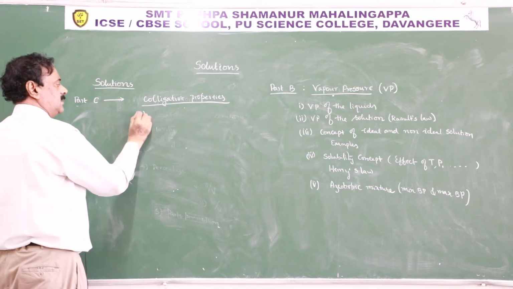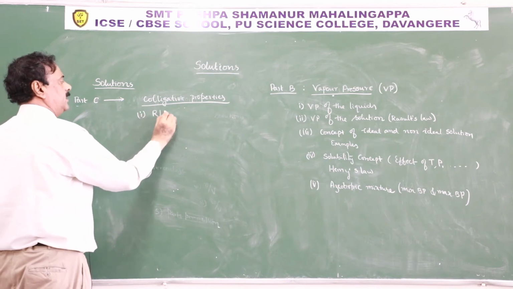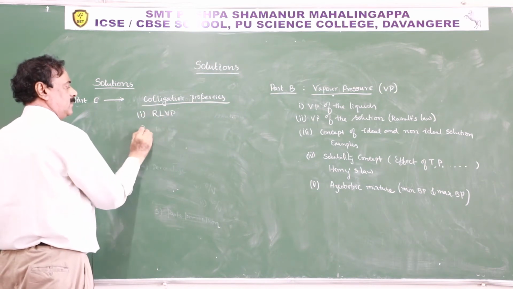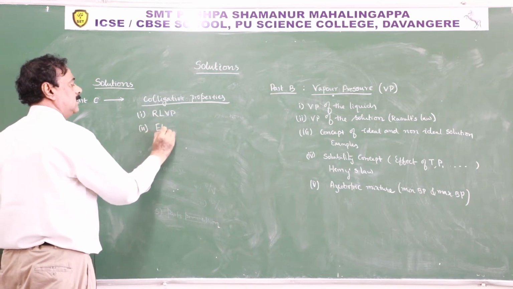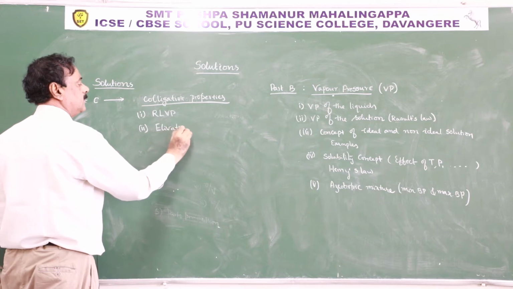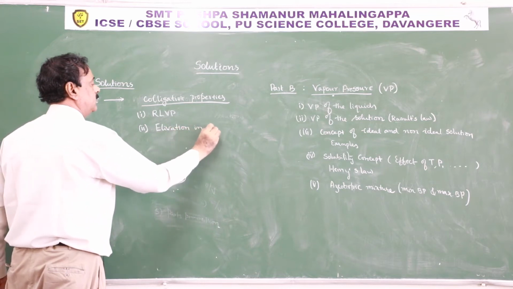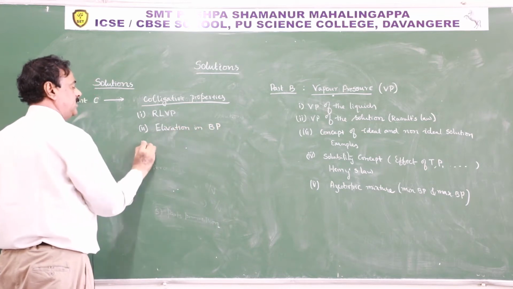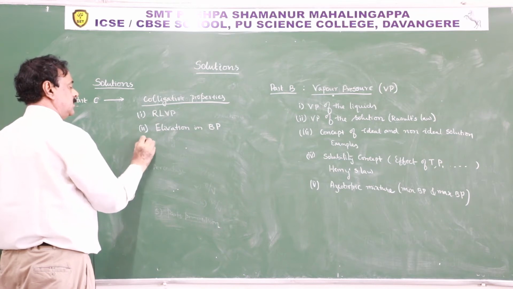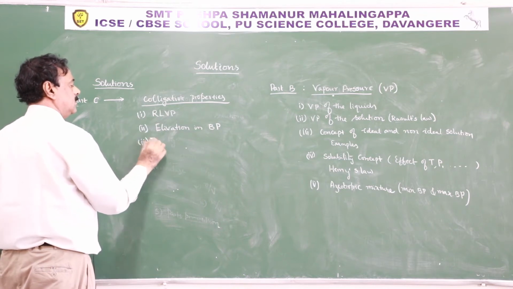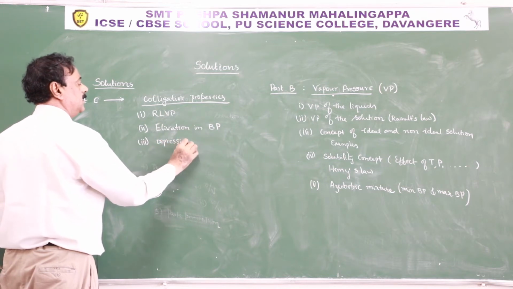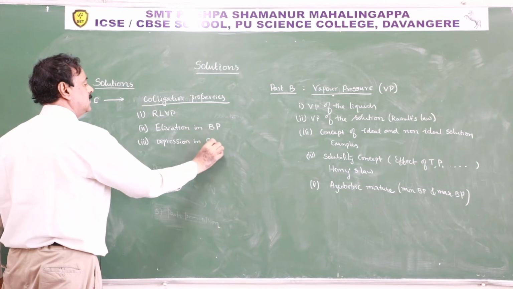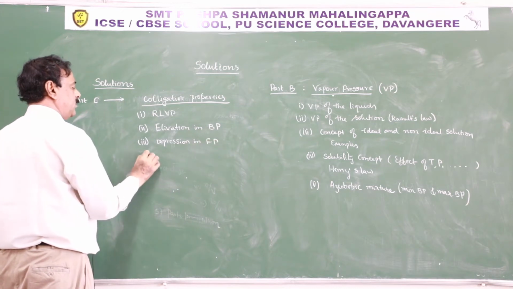Here we come across relative lowering of vapor pressure, elevation in boiling point, depression in freezing point, and osmotic pressure.